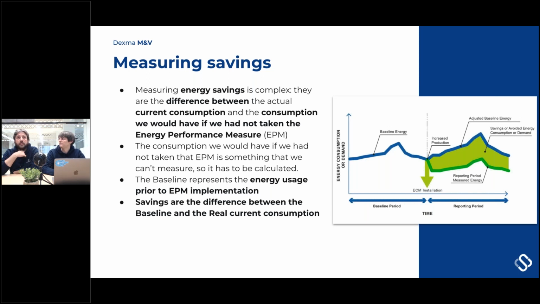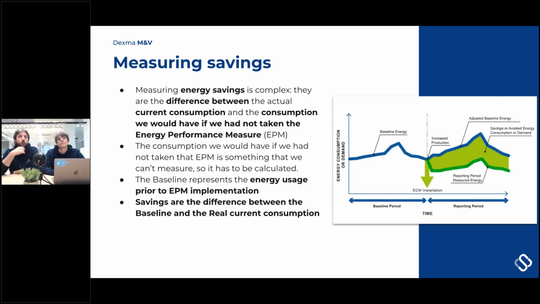The baseline represents the energy usage prior to the energy performance measure implementation, and it tries to explain the consumption in terms of other variables that might explain that consumption.